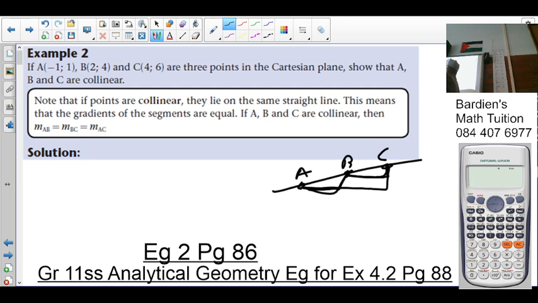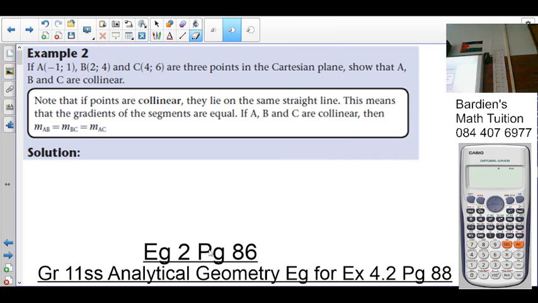However, if the gradient of AB is not equal to the gradient of AC, then the gradient of BC also won't be equal. You guys understand? So to prove that 3 points are collinear, we only prove that 2 gradients are the same. And the third one will be automatically equal if it's collinear, and not equal if it's not.